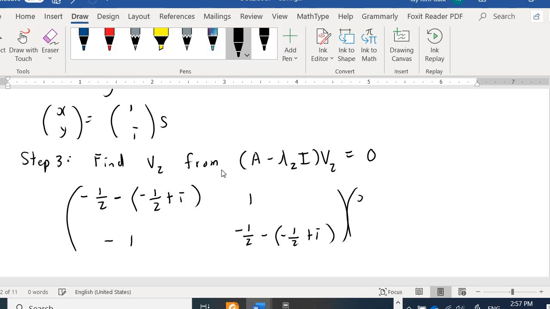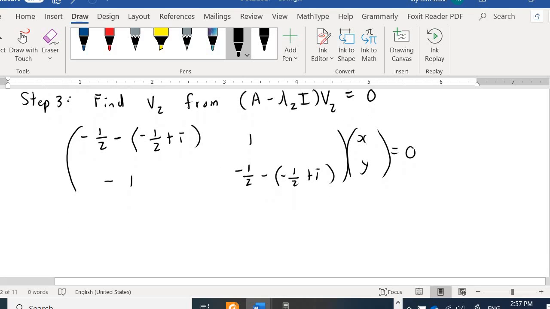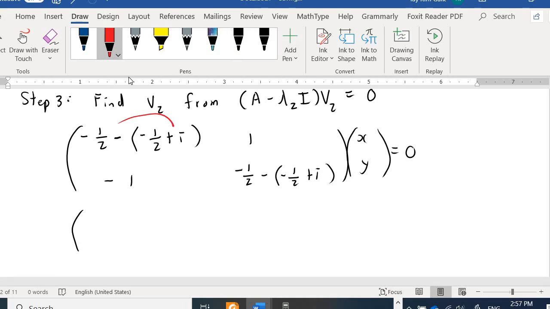Then V2, let it equal to x, y, equal to 0. Okay, simplify. Negative half minus negative half cancel, so you just left negative i. Negative i, this is negative 1, this is 1, this is negative i. x, y equal to 0.